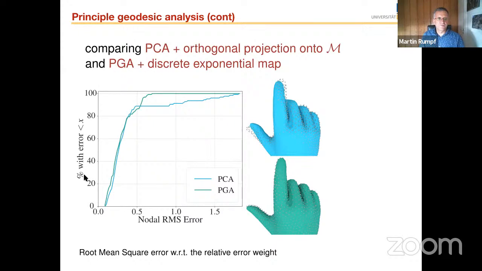And you see here the percentage with error less than this root mean square error listed here on the x-axis. And you see that we get with the PGA much earlier very nice approximations than with the PCA, which is indicated by this strong defect, which you see over here.